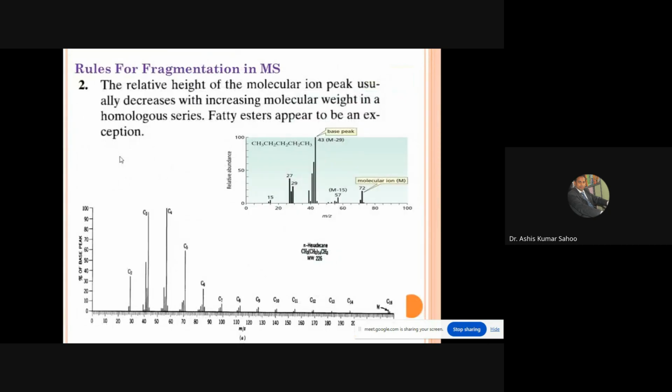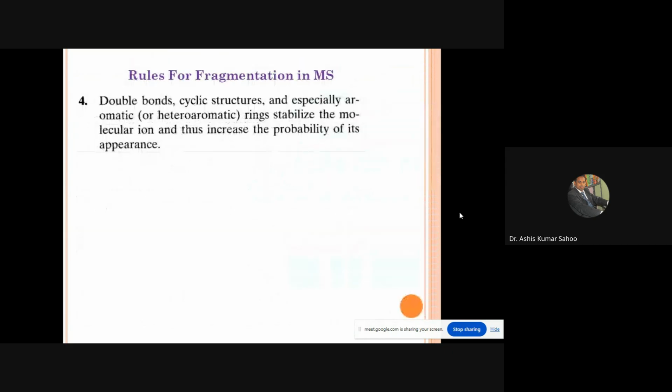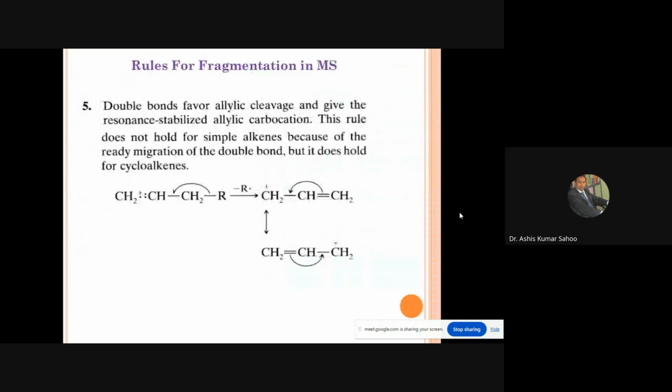So these are the different rules for getting fragments. You can see them on the slide. Also, depending on the pattern, if double bonds are there, we'll get an allyl cation, which is more stable.